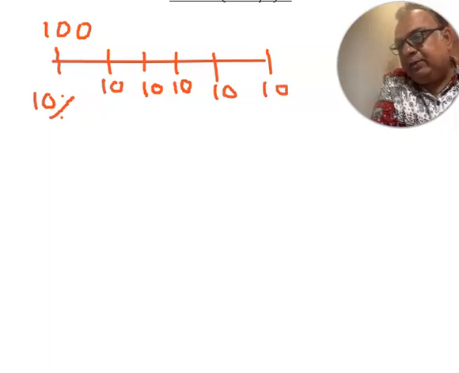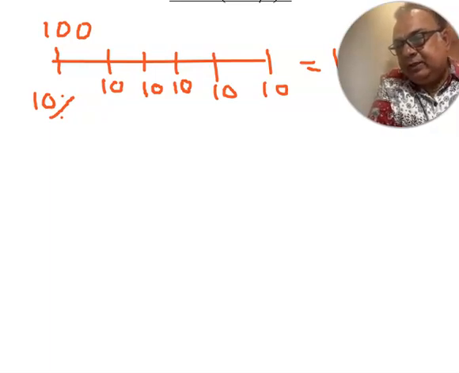So after 5 years, you will get 100 plus this 5-year interest of 50 rupees. After 5 years, you will get 150 rupees.